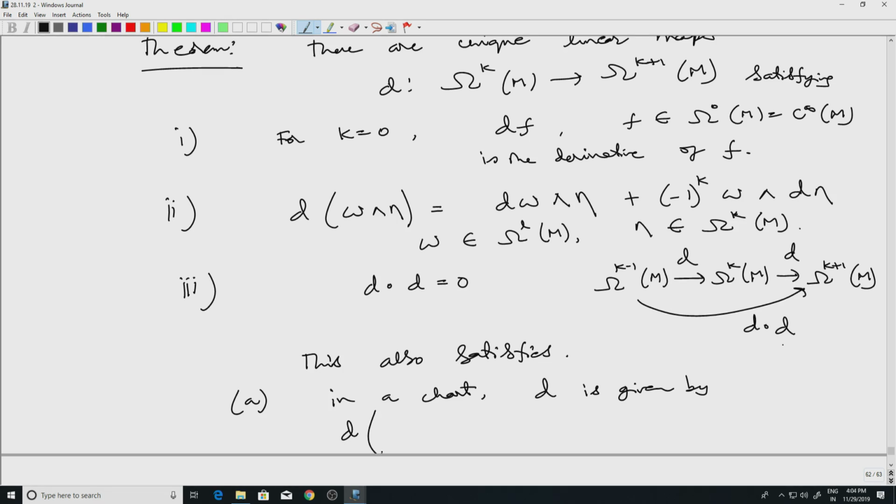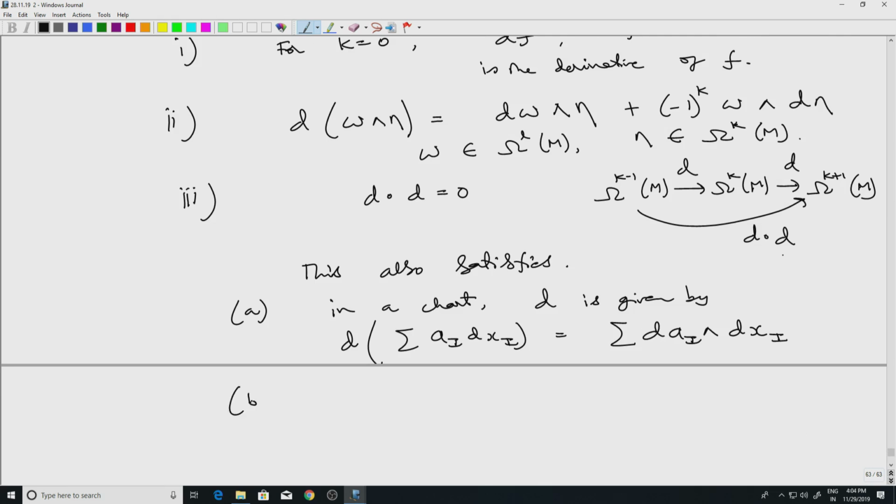In a chart we know that every form can be written in this way, and then d of it is the sum of dA_I wedge dx^I. Remember, the A_I were functions, so dA_I is a 1-form. So a 1-form wedge dx^I, which was already a k-form, gives a (k+1)-form.